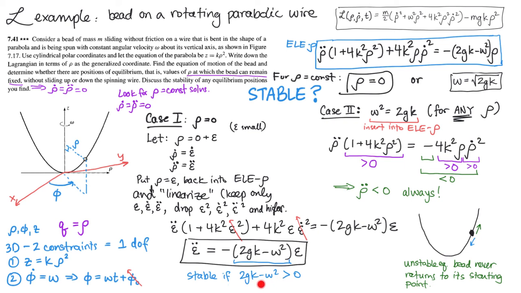Depending on the angular speed, it could be a stable or unstable equilibrium. For a very specific value of the rotation speed, you can put the bead anywhere on the wire and it will stay still, no matter where you put it. But if you give it a little nudge, it will move away in one direction or the other, never to return. So this second case is an equilibrium at any given point, but all of those points are unstable equilibria.